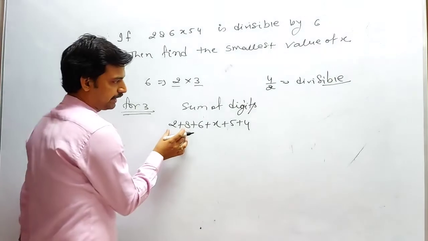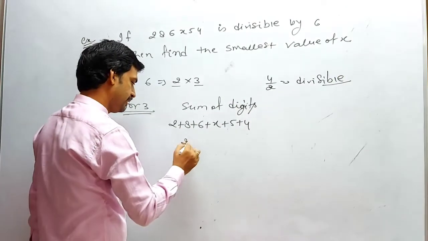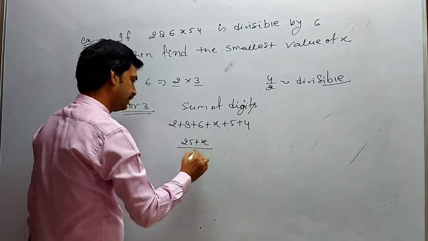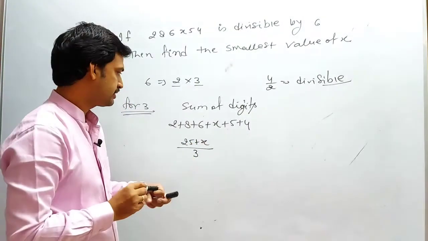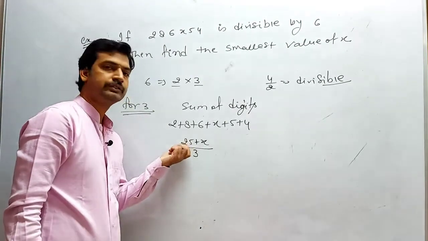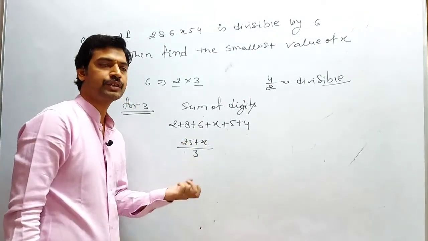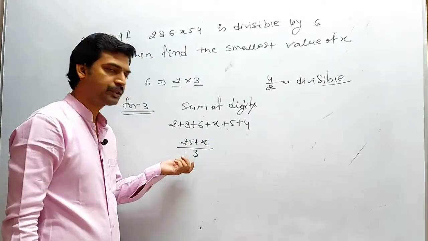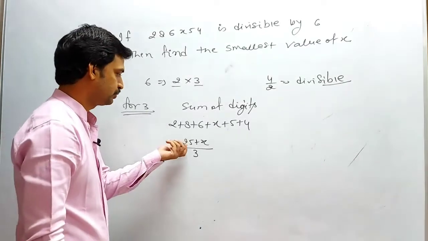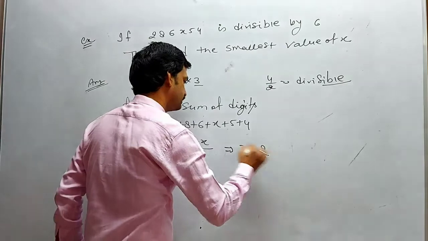So this becomes 10, 18, 19, plus 6, 25 plus x divided by 3. Right? The question is saying that we need to take the smallest value of x. So the smallest value would be the next number after 25 which is divisible by 3. So we'll recite the table of 3. 3 9s are 27. So to make it 27, x should be equal to 2.